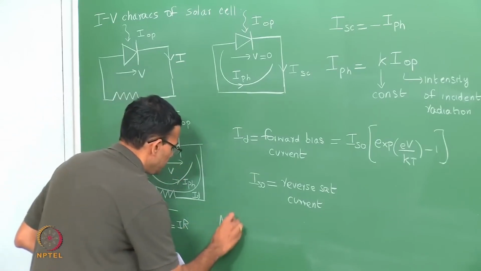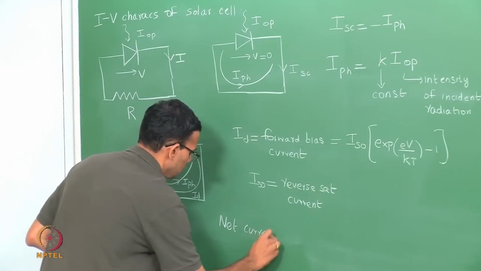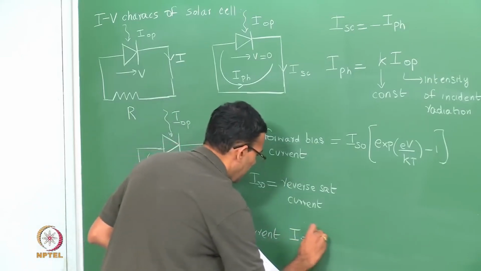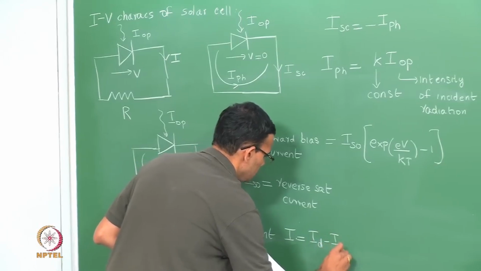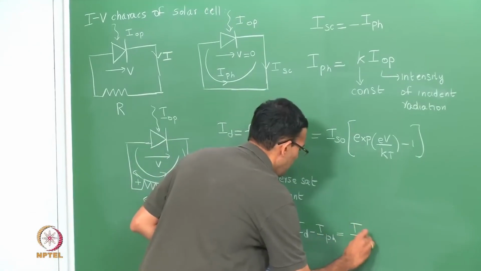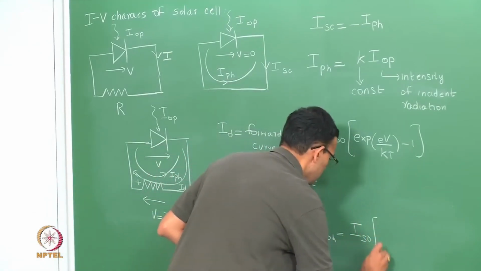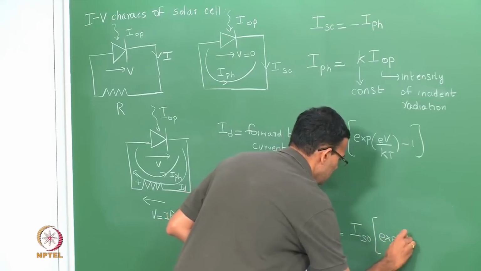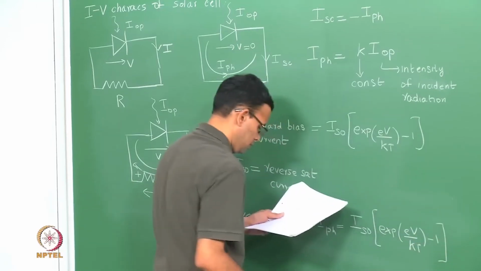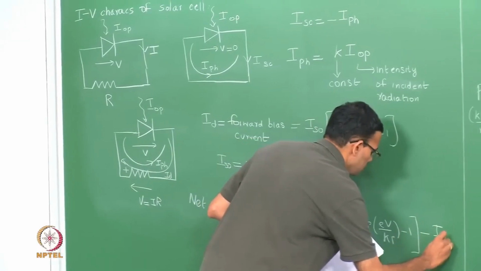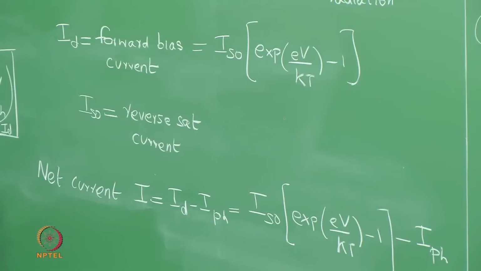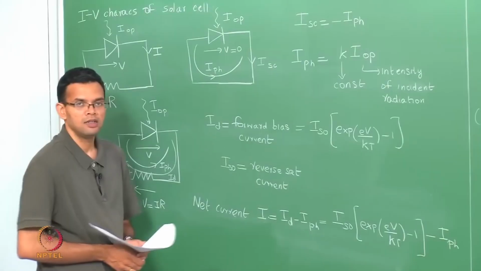So, the net current I is nothing but ID minus IPH, which is just IS naught exponential eV over kT minus 1, minus IPH.